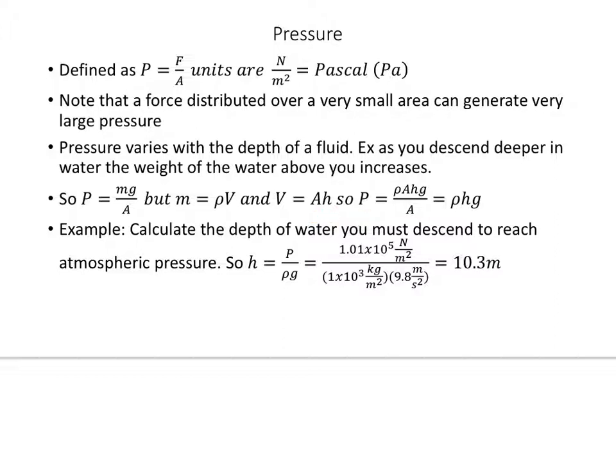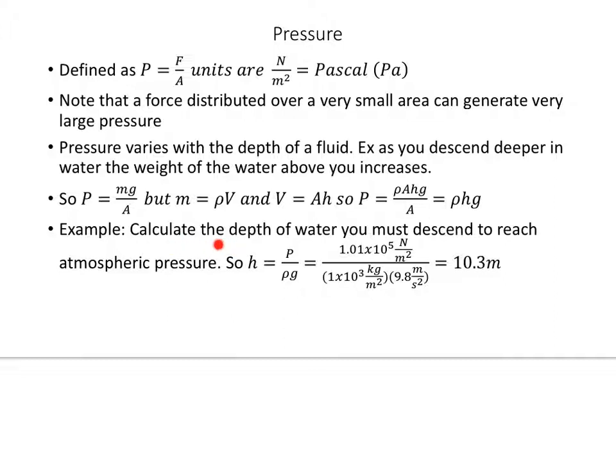So therefore, pressure is equal to the density times area times height times g divided by A. But as you can see here, we've got A in both the numerator and the denominator, so therefore pressure is equal to the density of the fluid times the height, or the depth, times g.